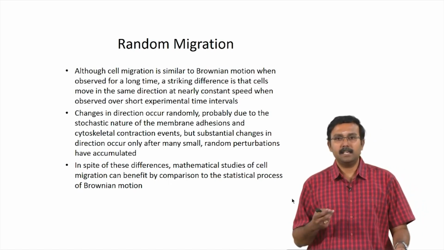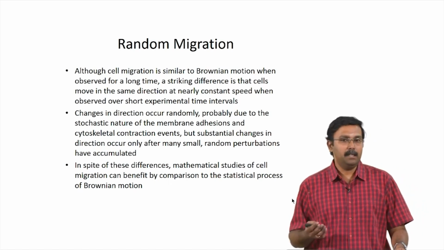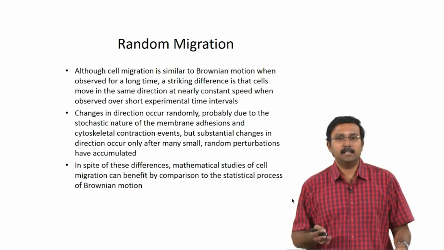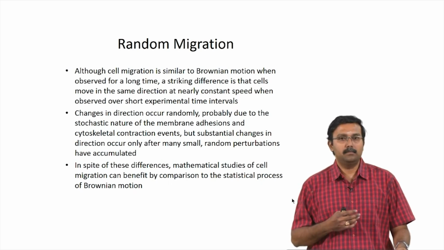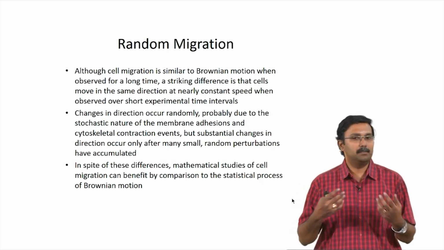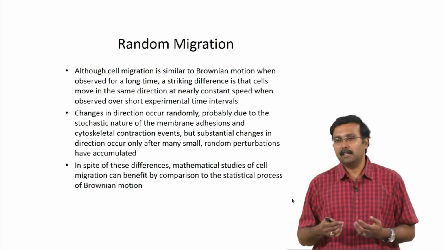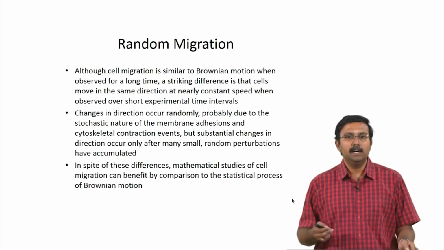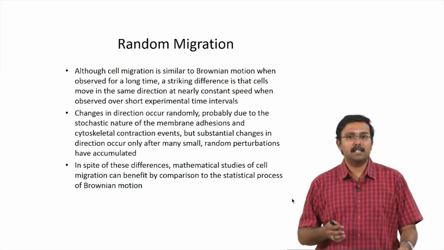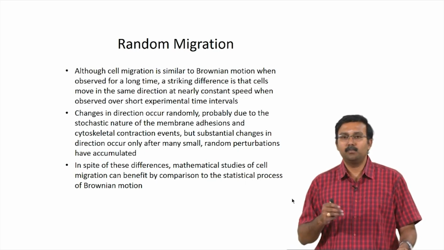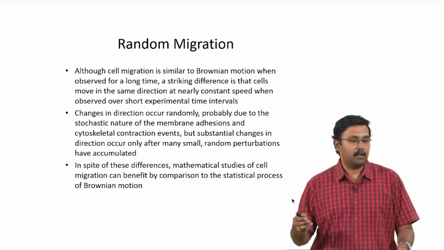So, the change in direction can occur randomly, and this is completely stochastic in nature, and it depends on the membrane adhesions and cytoskeletal contraction events, but substantial changes in direction occur only after small random perturbations have accumulated.